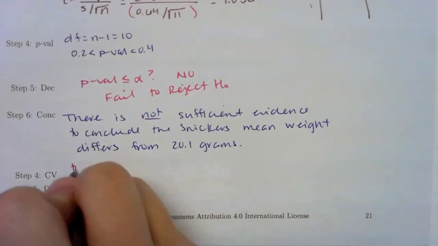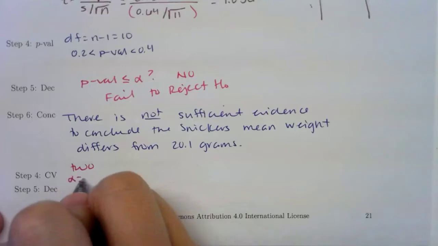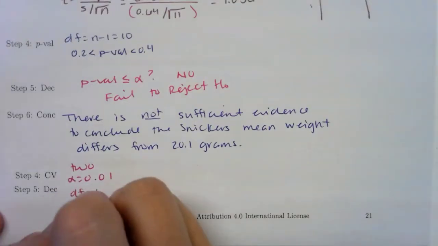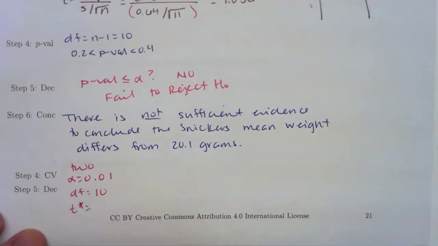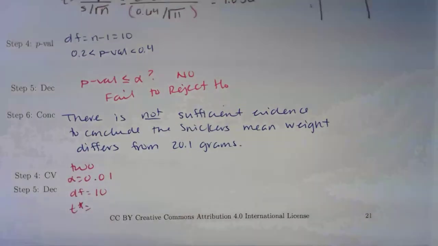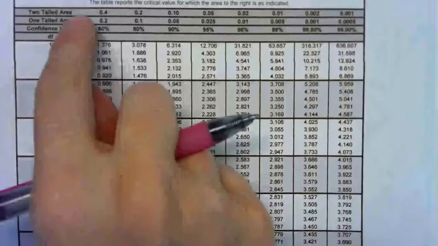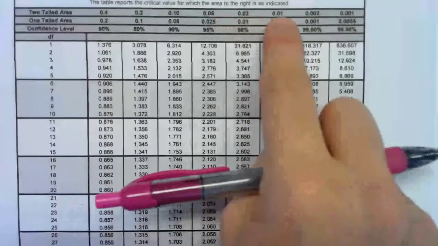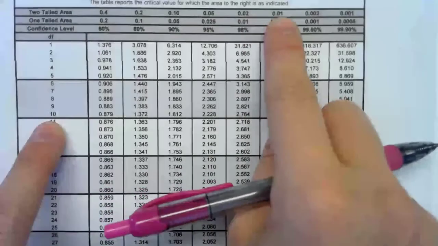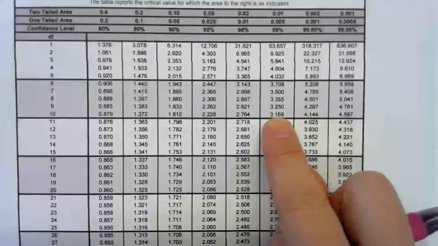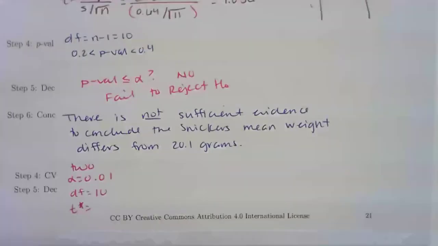So finding our critical value, we need to know we have a two-tailed test and alpha equals 0.01. And again, because it's the t-table, we need our degrees of freedom. A two-tailed test where alpha is 0.01, 10 degrees of freedom, 3.169.